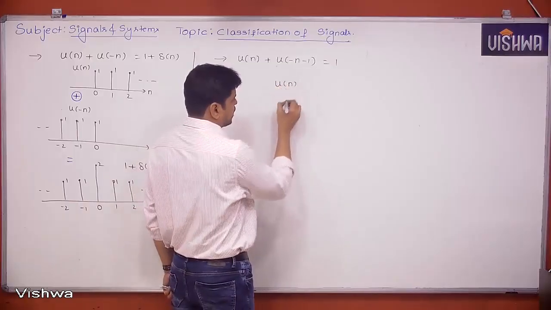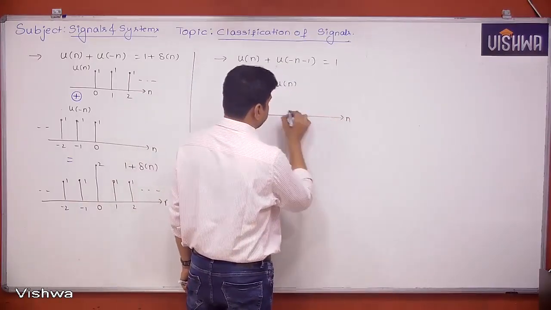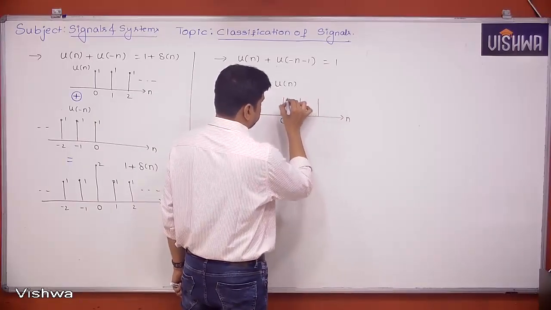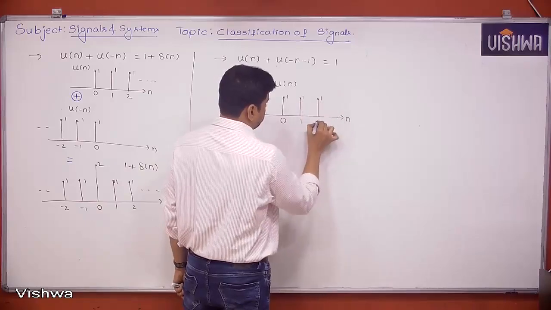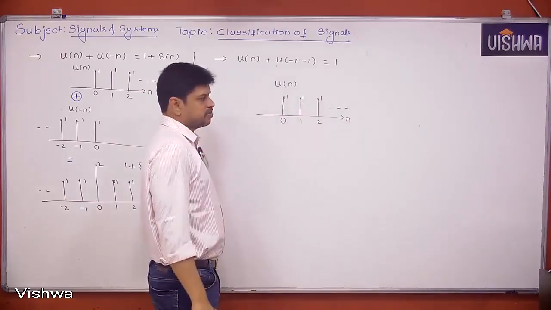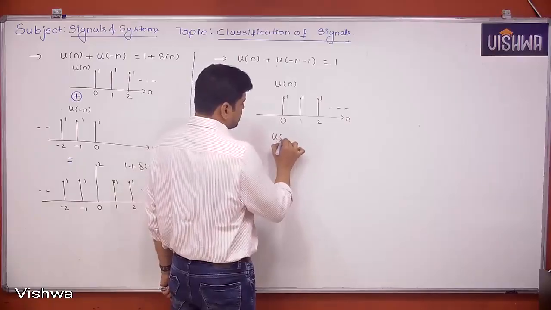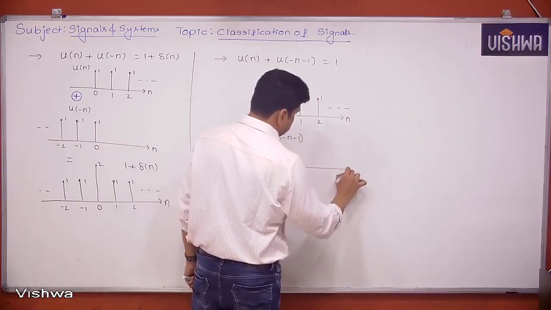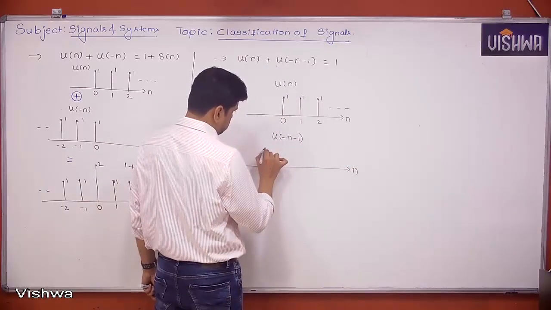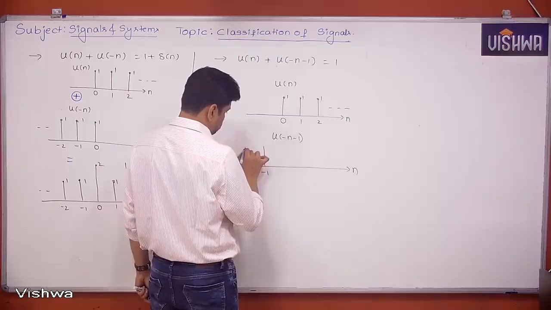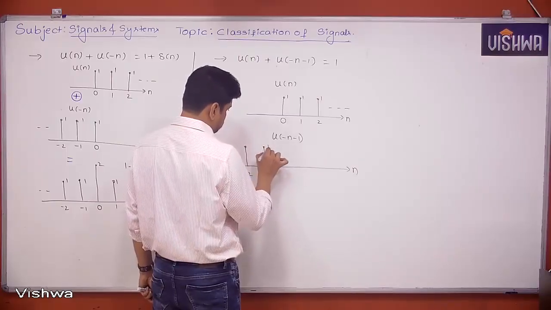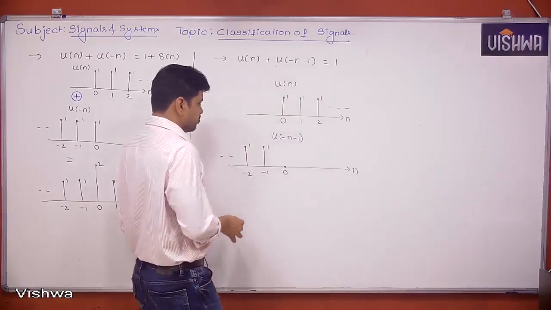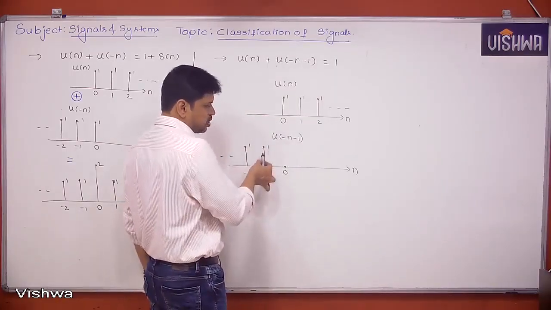Let's say u of n, again I am drawing it. U of n, u of minus n minus 1, that means it is existing only up to minus 1. At 0 its value is 0. If I add them, up to minus 1, 1 plus 0, 1 plus 0, like that.